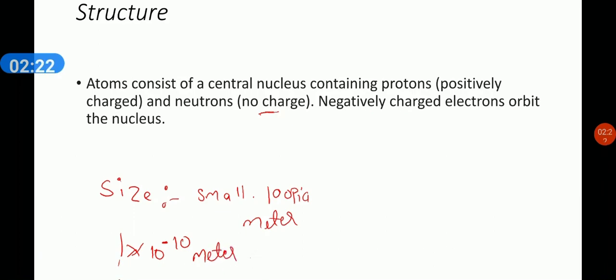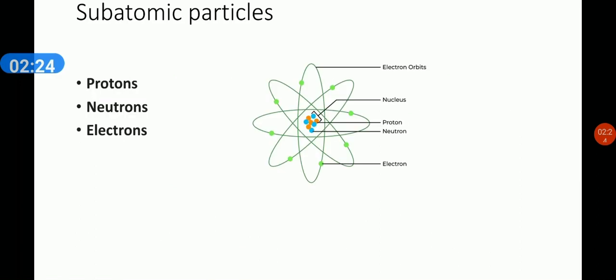Now let's discuss the subatomic particles. The subatomic particles are protons, neutrons and electrons. In the diagram we can see that the center part is called the nucleus.